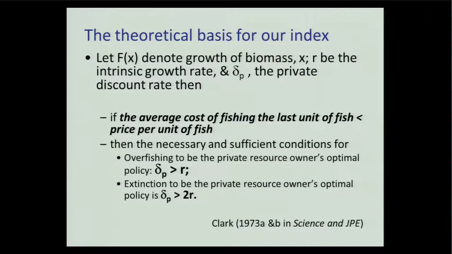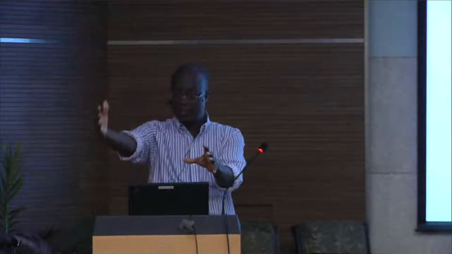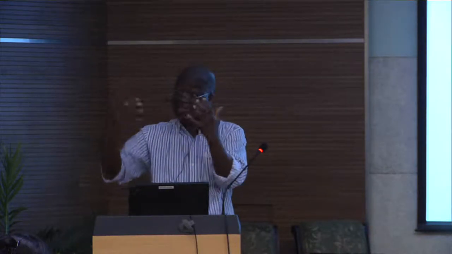Now, with these equations in mind, the implication of Clark's idea is that economically rational fishers make this calculation. Each morning they say, okay, I have some fish in here that I can catch today, or I can leave it to catch next year or tomorrow, right? Which one will give me the most? If I catch the fish now, will I get more money versus if I leave it until tomorrow? That is the thinking in the head of the fisher according to this economic model.